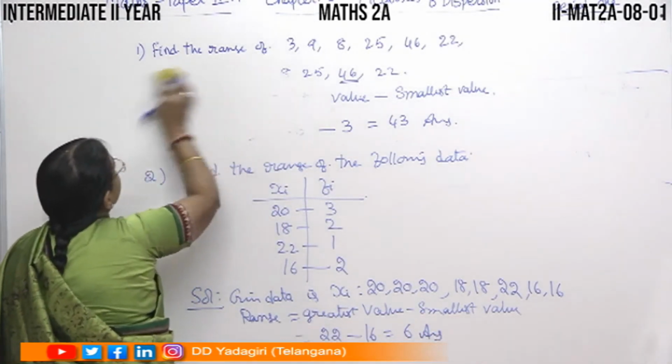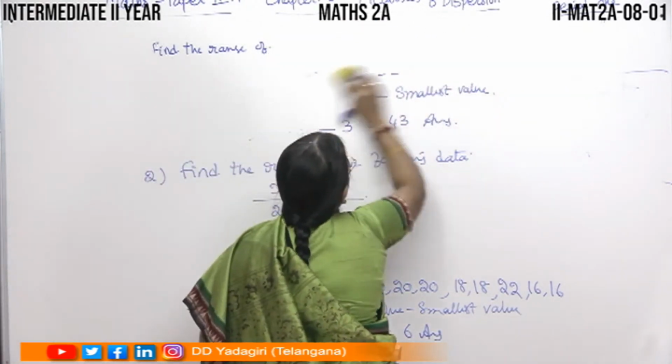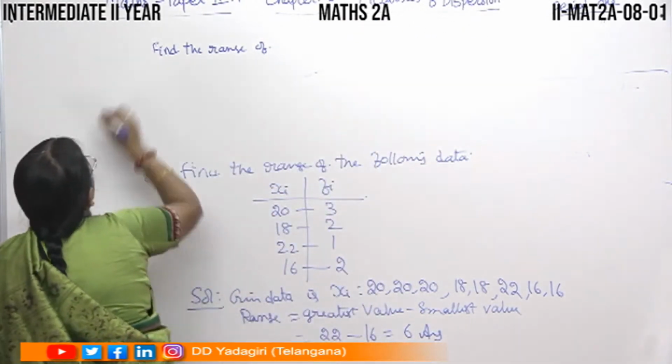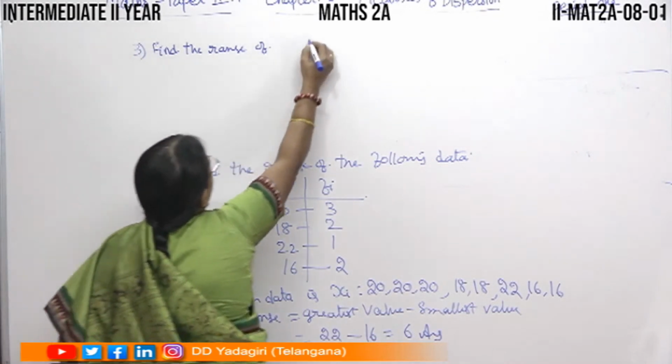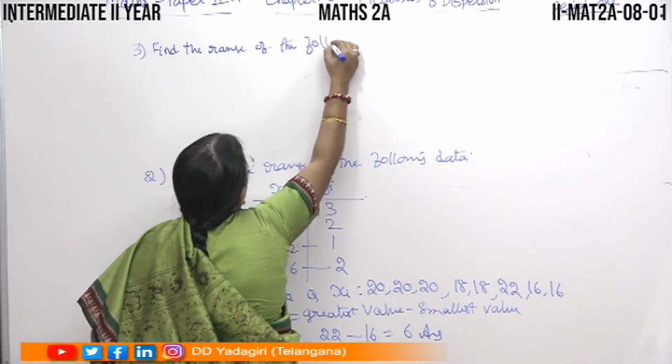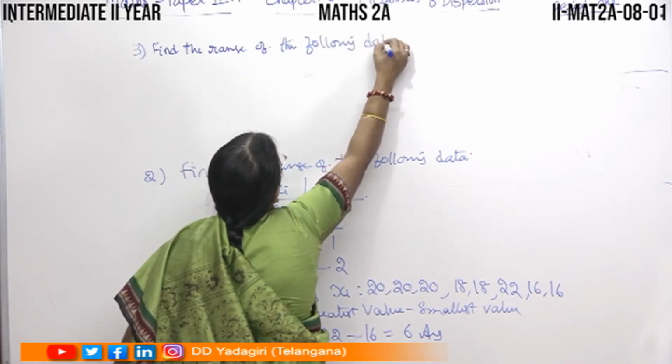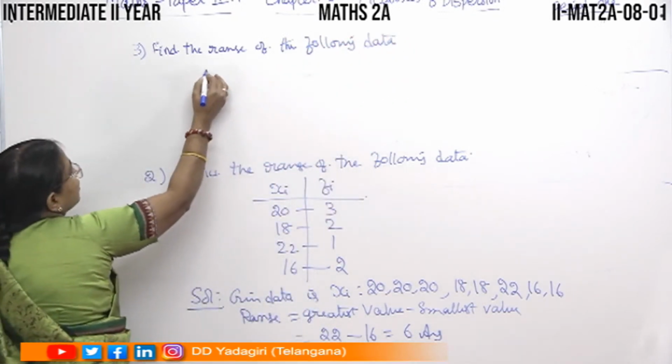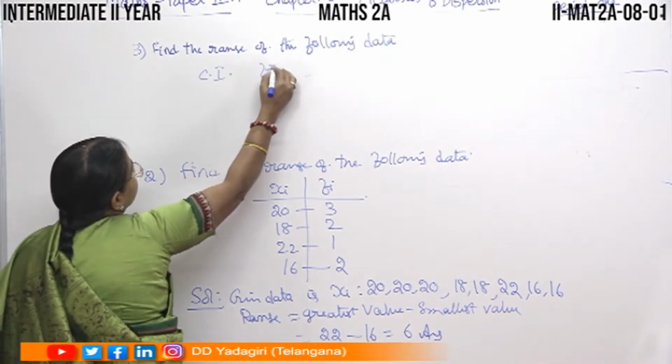Now suppose your question is to find the range of the following data given as class intervals and frequencies.